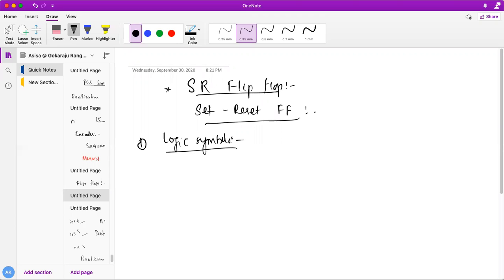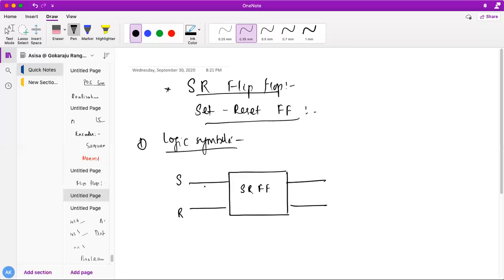The logic symbol is very simple. The flip-flop has S and R, 2 inputs, and it has 2 outputs. This is my SR FF. So this is my S and R, and there will be an extra input, the clock, because clock is the controlling parameter. With the help of the clock, it is going to store the desired value.